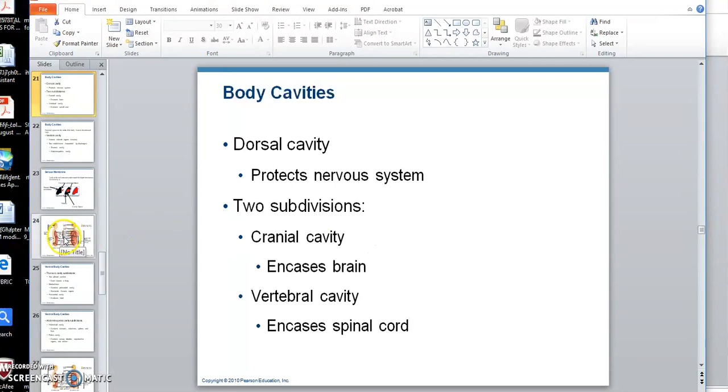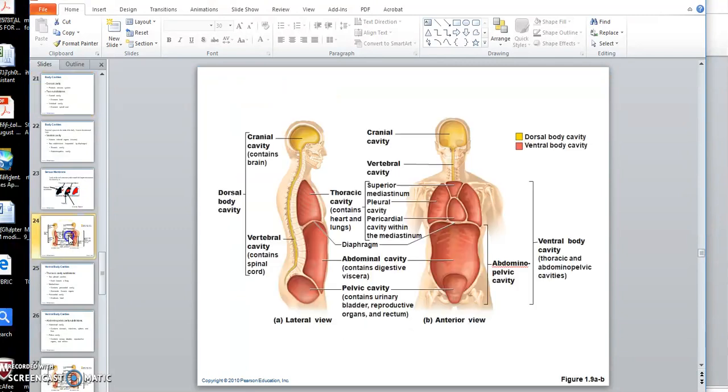So we go here, and I'm going to say, here's our dorsal body cavity. The dorsal body cavity, one cavity surrounds the brain. Remember, surrounds the brain. Underneath the skull, surrounding the brain. That's what we call the cranial cavity. Then we have a cavity directly around the spinal cord. That's what we call the spinal cavity.